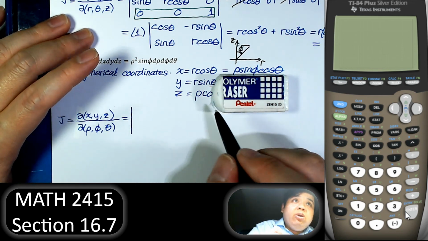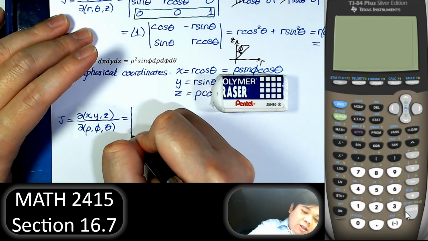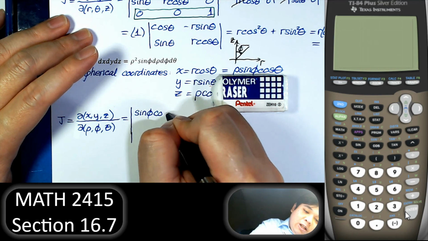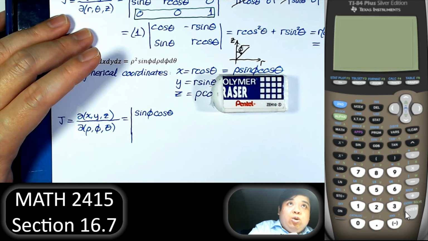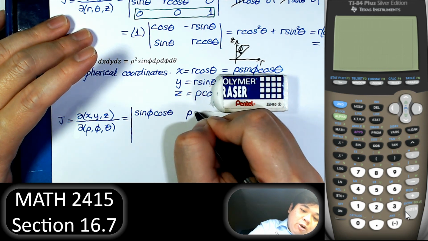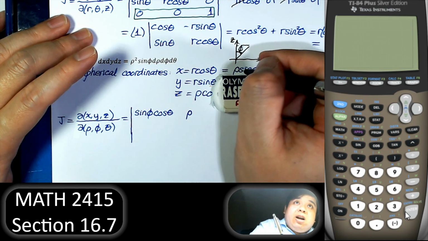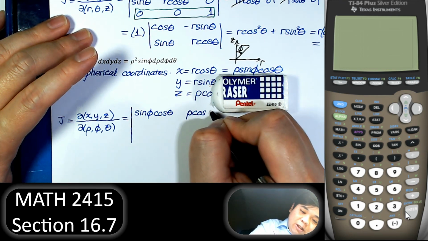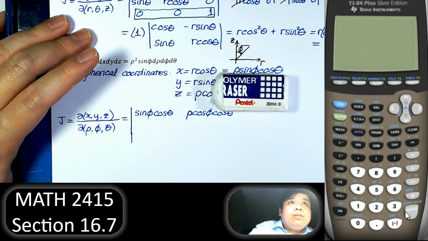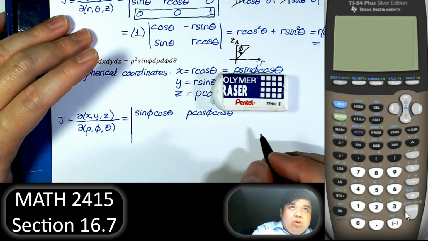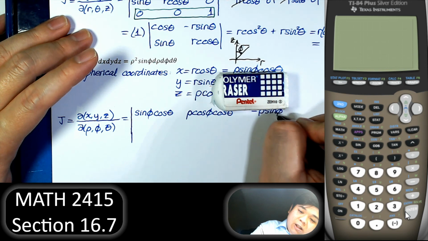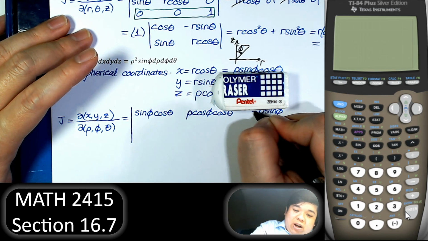With respect to rho, there will be just sine phi and cosine theta. With respect to phi is rho, derivative of sine is cosine, and that's cosine theta. And the last one, with respect to theta, is negative rho sine phi sine theta. Derivative of cosine is negative sine, that's why that's negative.